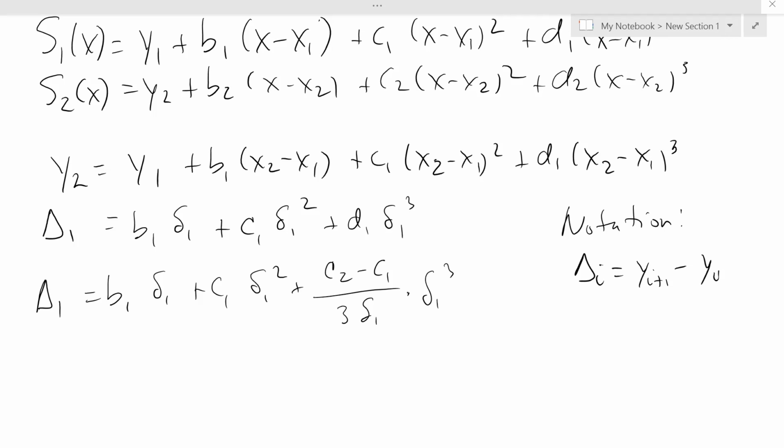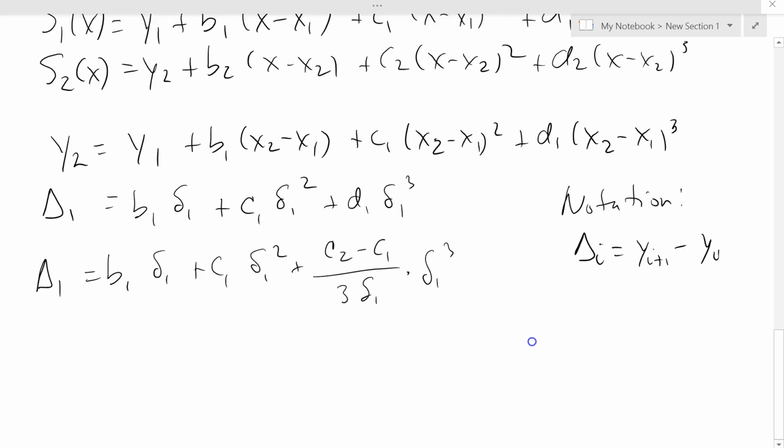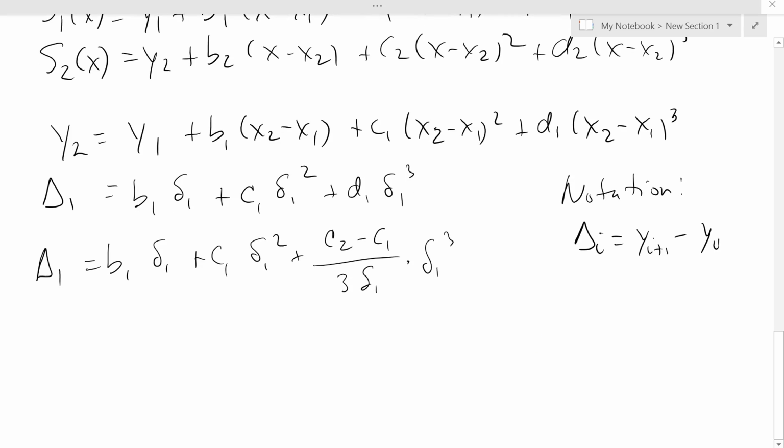And now we can solve this for B1. Notice that if I solve this for B1, I would need to take this capital delta 1 and divide it by the little delta 1. So our B1 would be capital delta 1 over little delta 1. And then I need to worry about these two terms.